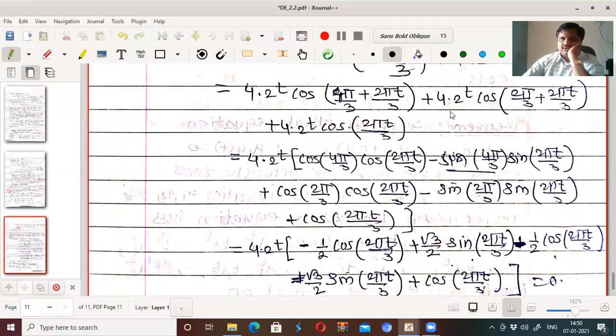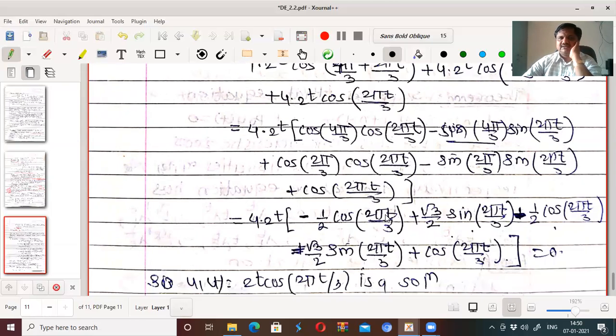Similarly, what about here? Here it is 4 into 2 to the power t, here also 4 into 2 to the power t. So you have taken 4 into 2 to the power t as common. So into the whole bracket, second: cos of 2 pi by 3 into cos 2 pi t by 3 minus sin of 2 pi by 3 into sin of 2 pi t by 3, plus cos of 2 pi t by 3.